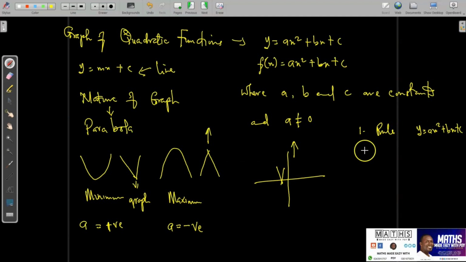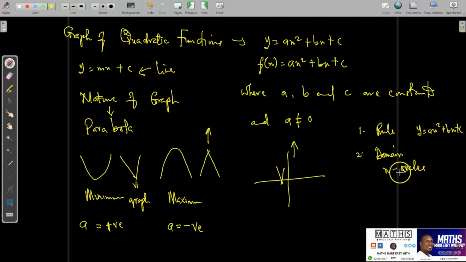After knowing your rule, number two, you must have your domain. By the domain, I mean the x values or the x interval, the values of x which you need to substitute into the rule to obtain the corresponding values of y.